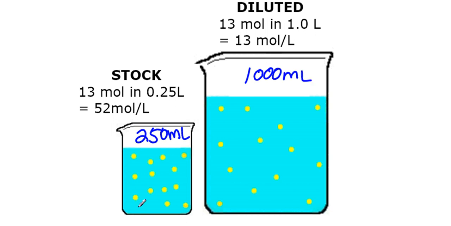You take all of your solution that's in that 250 milliliter beaker from your stock, you put it into the larger beaker, and you add water until it reaches the 1 liter mark. When you look at what's happened, the only thing that's changed is the volume has increased, or the amount of solvent has increased. But if you look at the solute molecules, there are still the same number, but they're spaced out a little bit more.